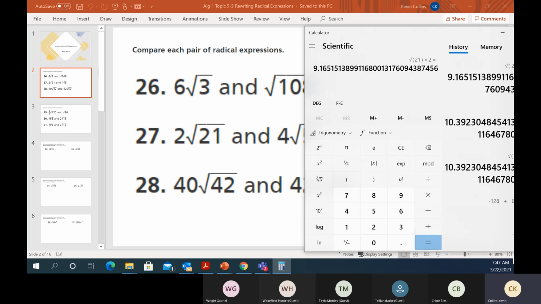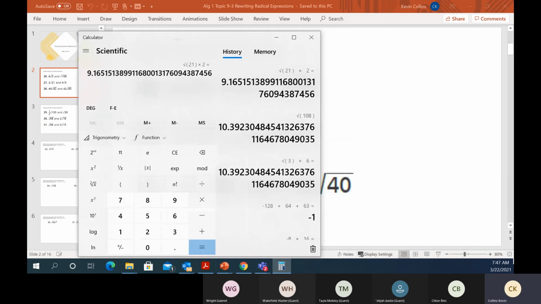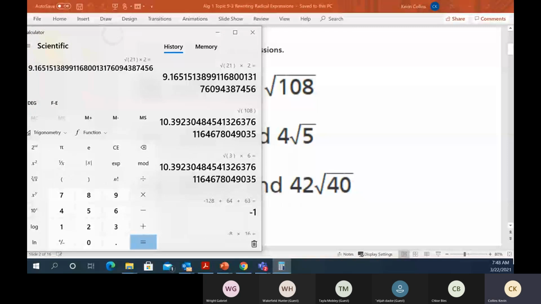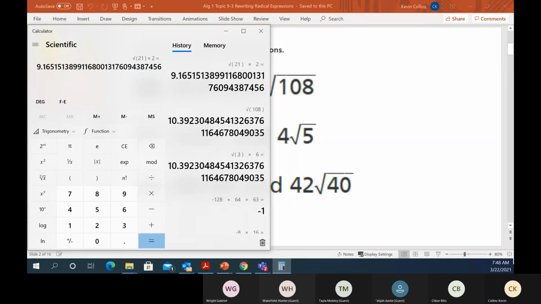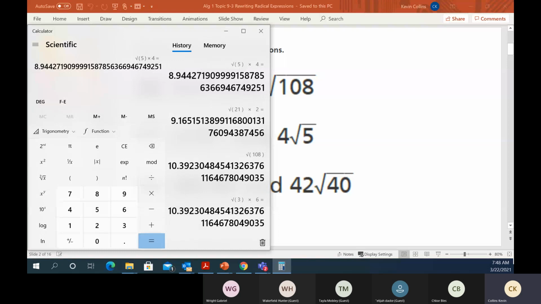So next guy, what is he? I can't read it. Hang on, I'm going to move him over here. Okay, so he's 4 square root of 5. So let's try that. Same deal. We go 5 square root it, get that guy, and then we take that times 4. So 8.94. So those two guys are not the same.